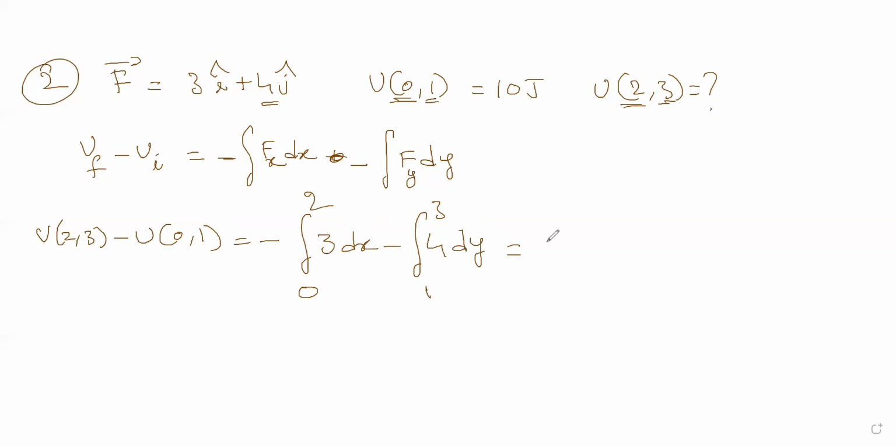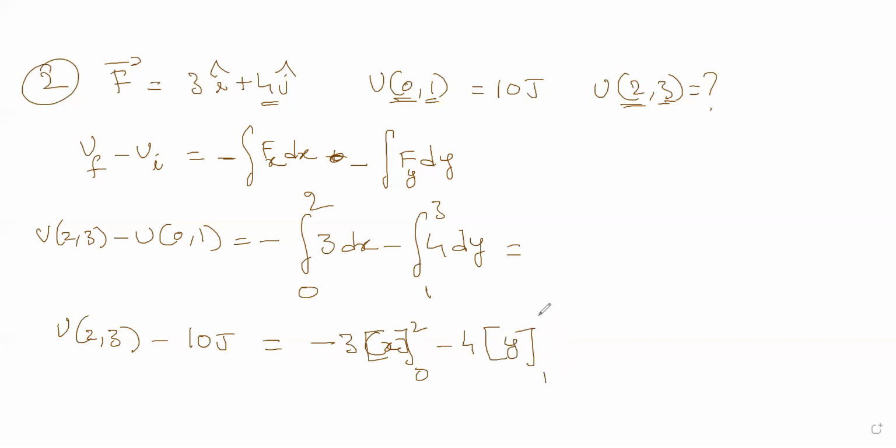So when you integrate, U(2,3) minus U(0,1), where U(0,1) is about 10 joules. So the integral of 3 dx is minus 3 into x. The x should be substituted under the limits 0 to 2, and again 4y, and y should be under the limits 1 to 3.